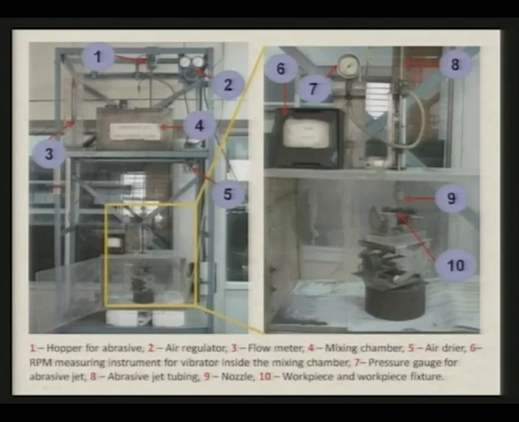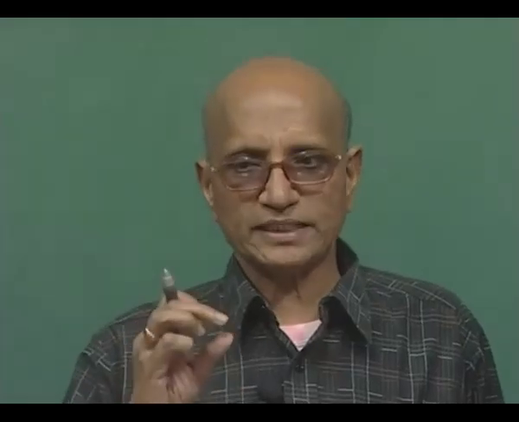and 6 is the RPM measuring instrument for the vibrator inside the mixing chamber. How much quantity of the abrasive is mixing with the air can be controlled with the vibratory motion, and that vibratory motion is given with the help of a cam mechanism, so that the desired quantity of the abrasive particles can be mixed along with the jet of air.